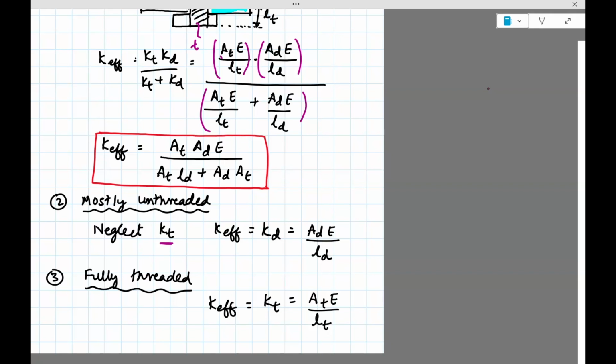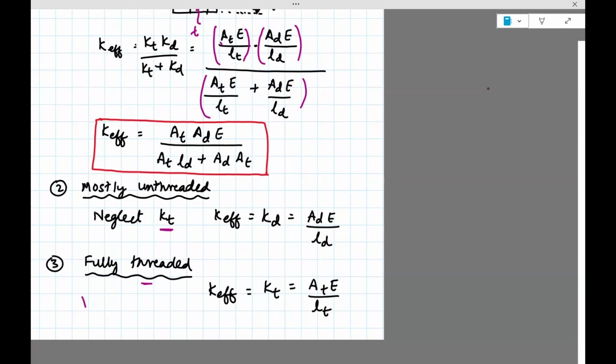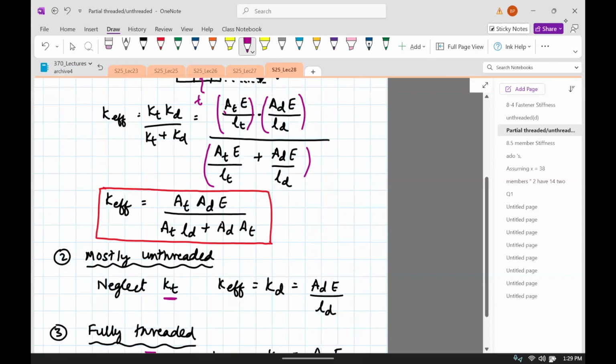You can never have an unthreaded screw, then it's not a screw, it's something else. If you have a fully threaded screw or the unthreaded portion is small, then you can just ignore KD, and you have K effective equal to AT E by LT. So that's straightforward.